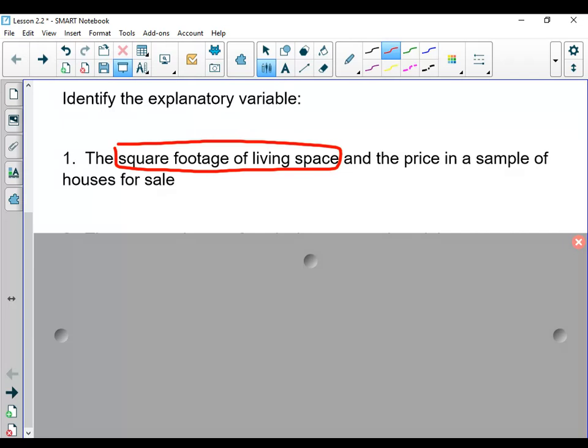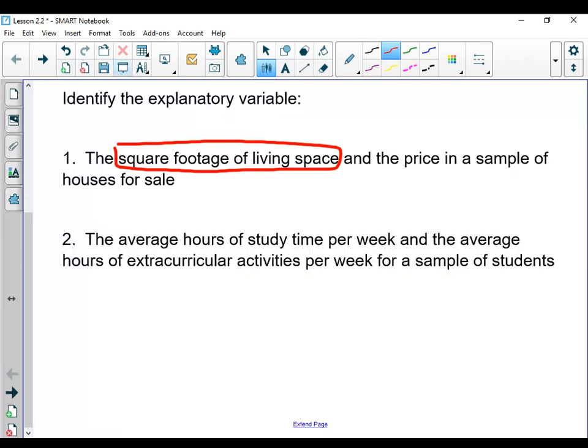Not always, sometimes it may be a little different, but in most cases, the bigger the house, the more expensive it's going to be. If I were graphing that one, I would put this on the x-axis and the price on the y-axis.